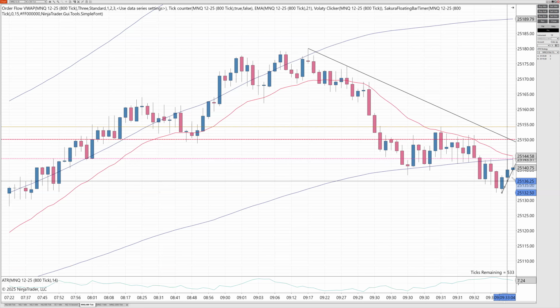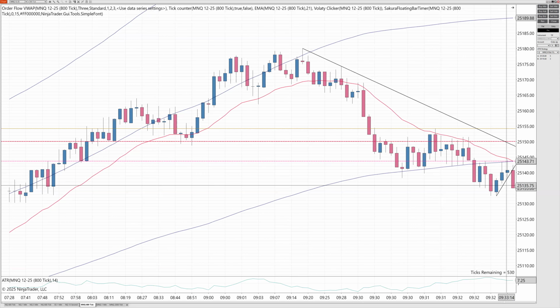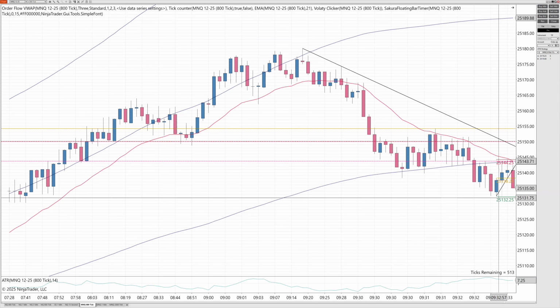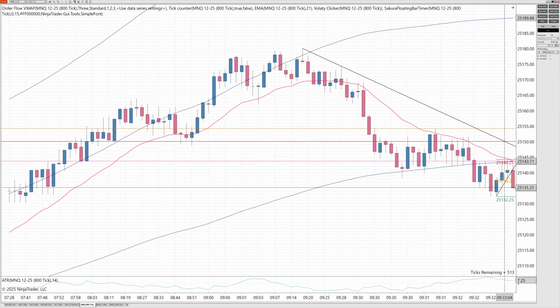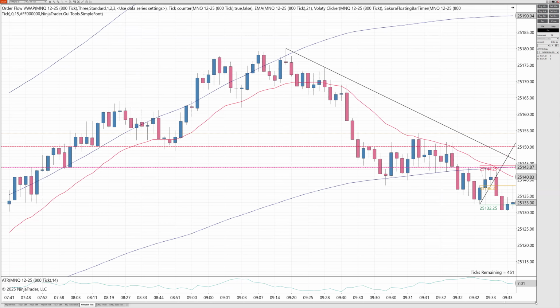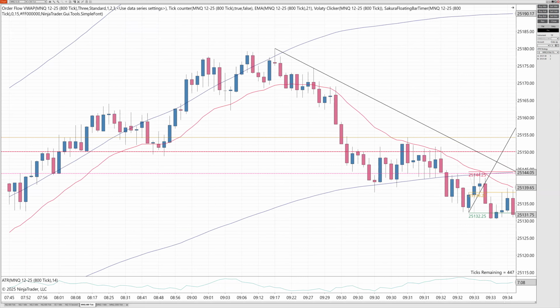So now we have this upward trend line, and this triggered lower here, but we couldn't have taken it because the trigger happened around the trend line. But this did end up working. Runner's been taken out.